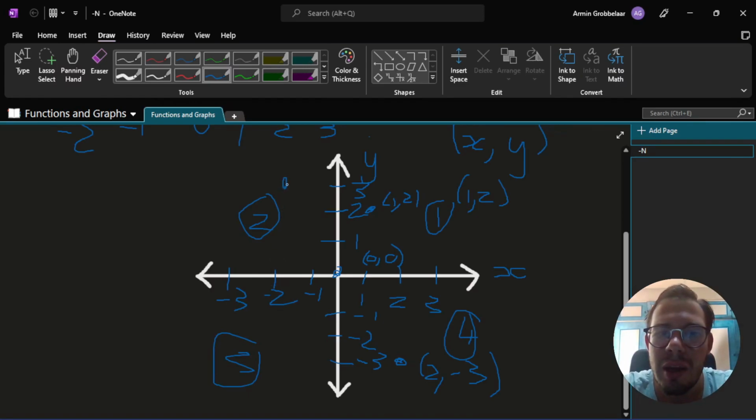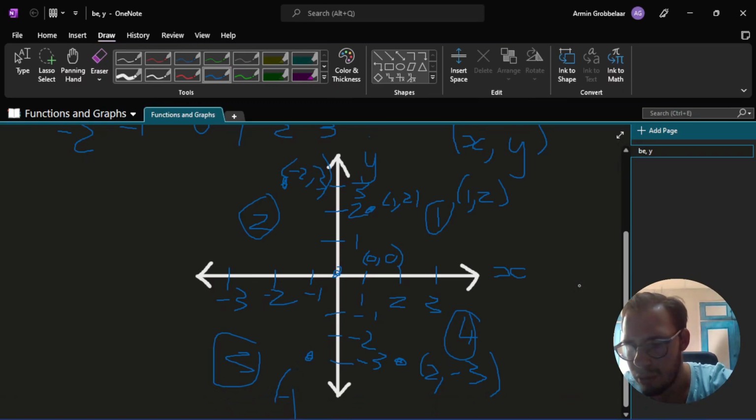So the point there is the point -2, 3. Then we can also maybe have -1, -3. So we go to the -1 on the x-axis and we go down 3 units. So that point there is -1, -3.